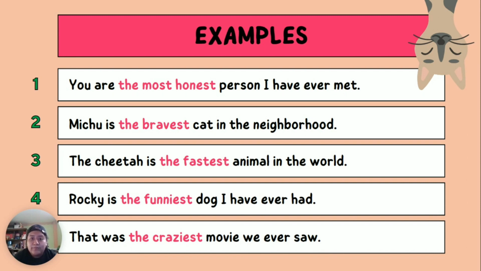Next example. The cheetah is the fastest animal in the world. For this sentence, remember, superlatives compare only one item with the rest. In this case, we are not talking about a single cheetah.